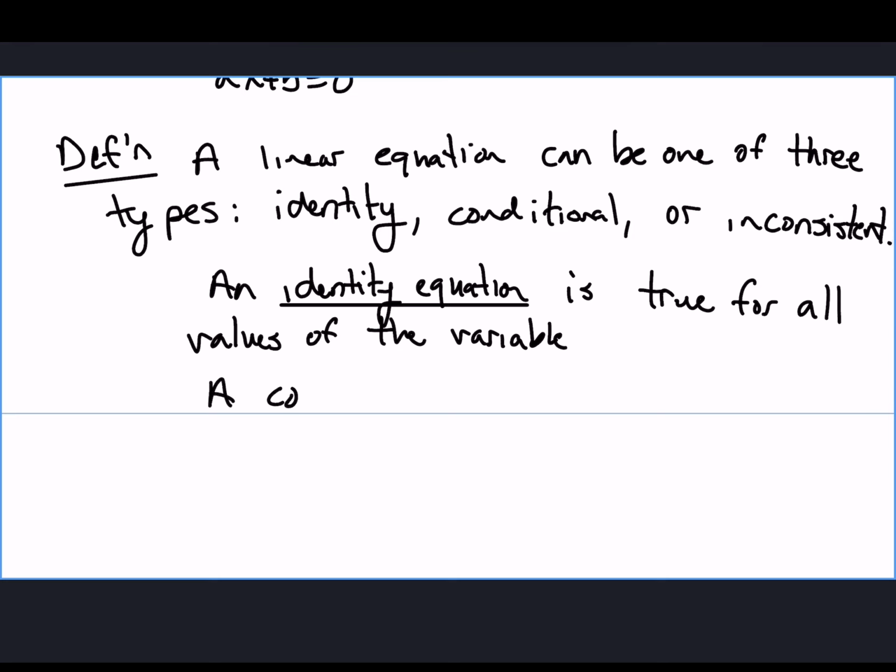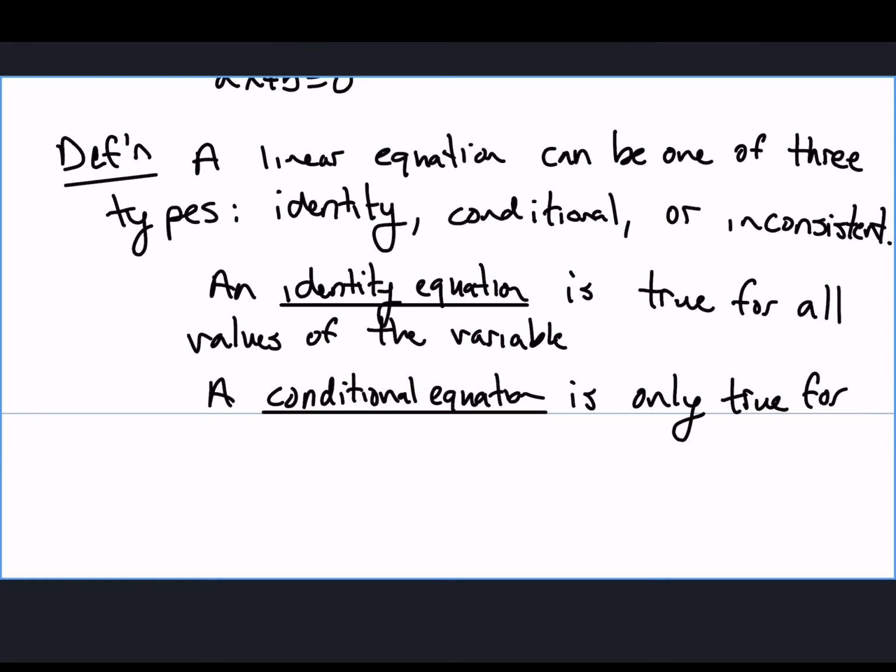A conditional equation is only true for some values of the variable.